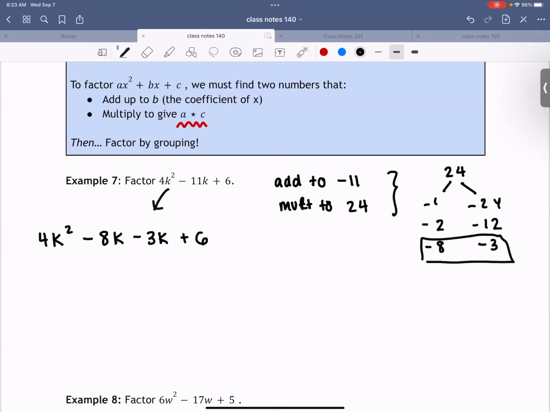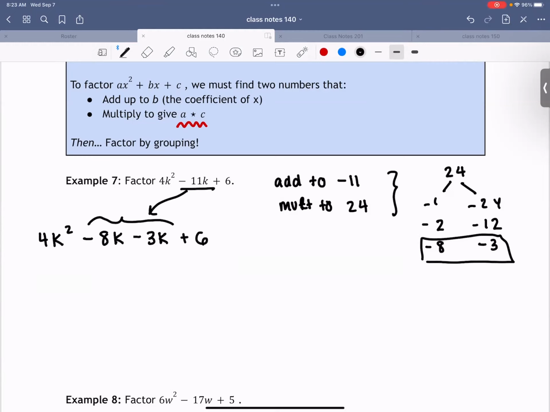So what I've actually done is I've taken this middle term, -11k, and I've broken it up into two pieces. Add them together, you can get back to -11k. Okay. Now we have a polynomial.